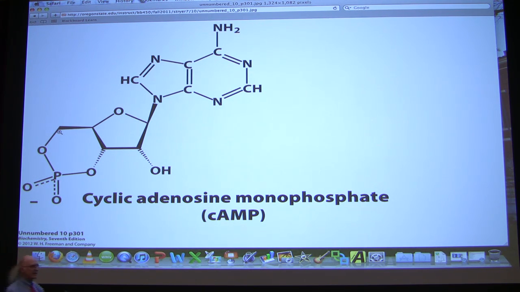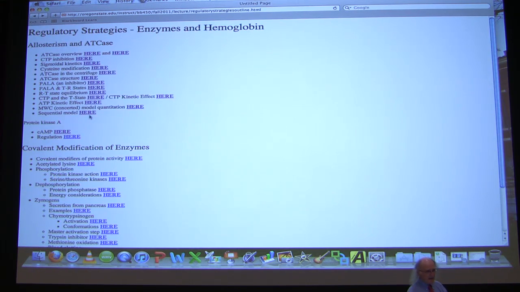Cyclic AMP turns out to be very, very important for this communication process that cells go through. And the reason it's very important is because cyclic AMP affects protein kinase A. As I said, it is an allosteric effector of the enzyme. And the way it allosterically affects the enzyme is different than we've talked about other allosteric effectors.